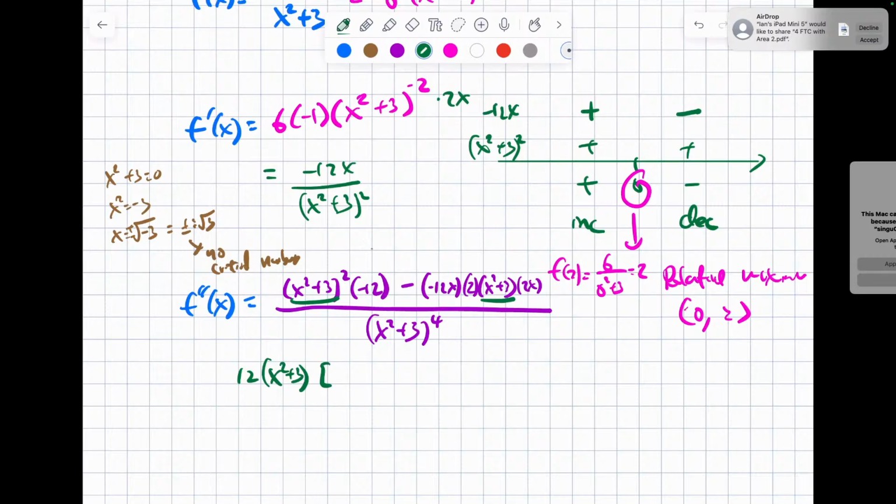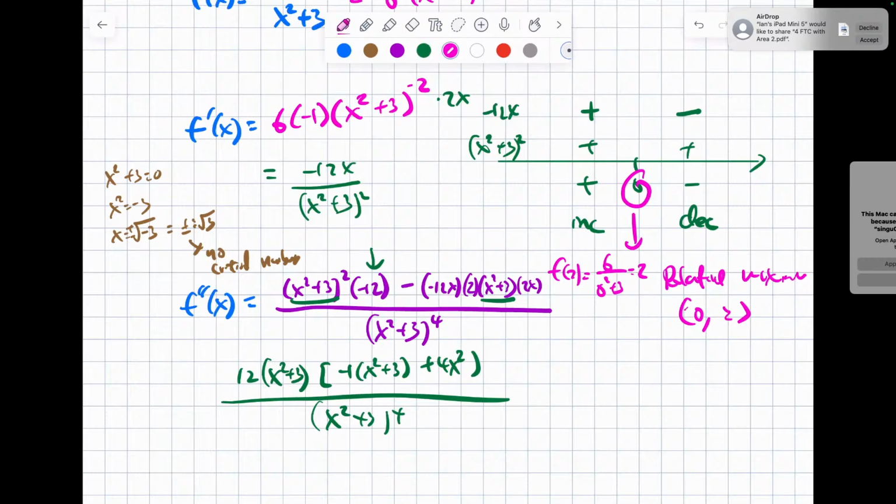So then I will end up with negative 1 times x squared plus 3, and then if I factor out 12, it's going to be plus 4x squared, I believe, over x squared plus 3 to the 4th.